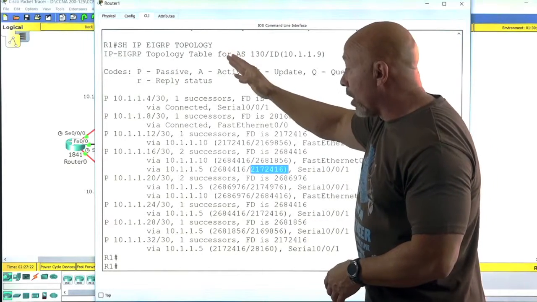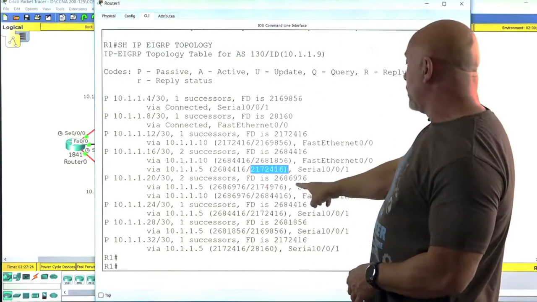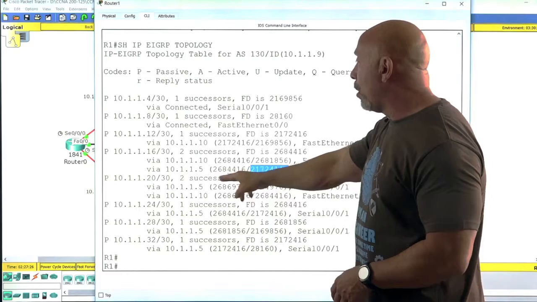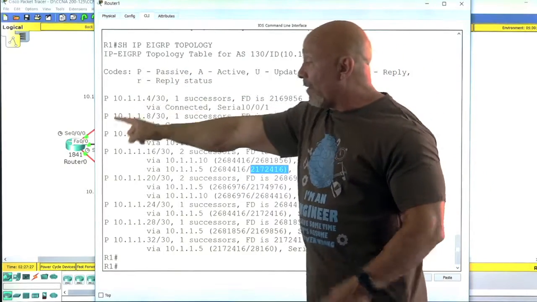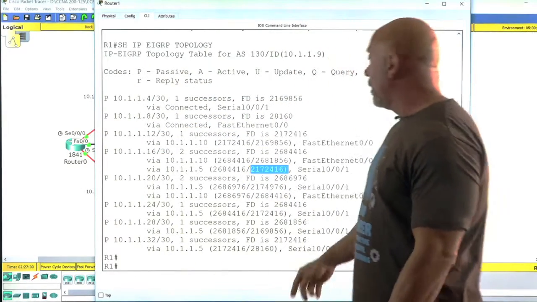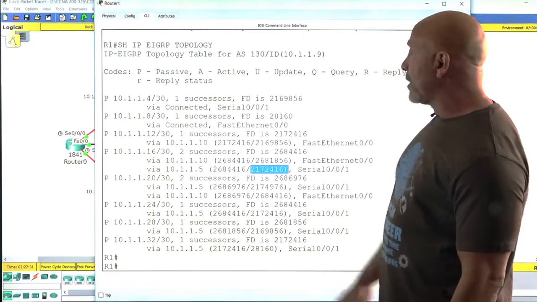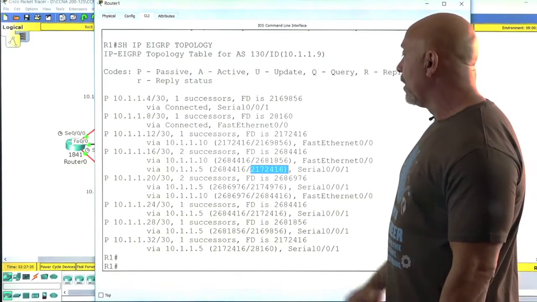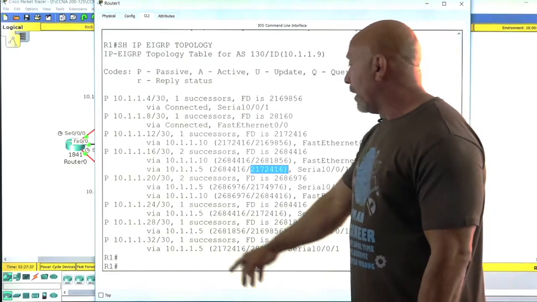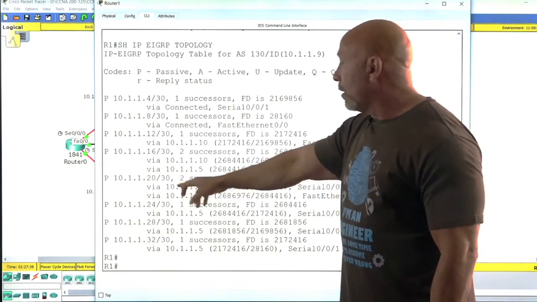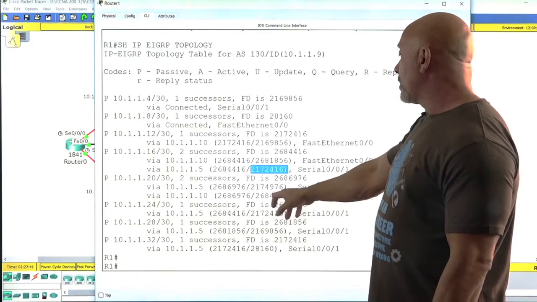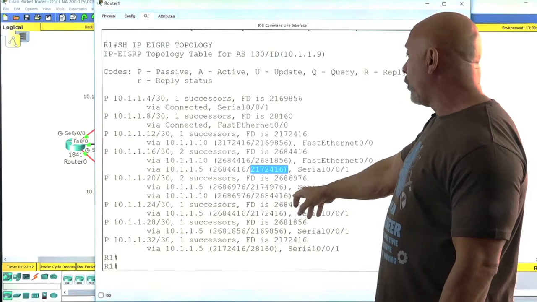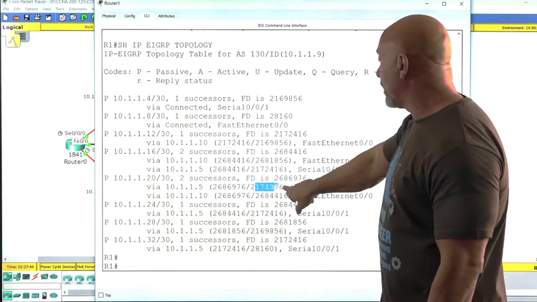So we're on router 1, and it's via the 10115. The 10115 is this interface right here to get to that particular network, which is the 16 network. It will be the preferred route. And the same thing goes over here with the 10120, whereas the 26844, or well, here we go, the 217, whatever.